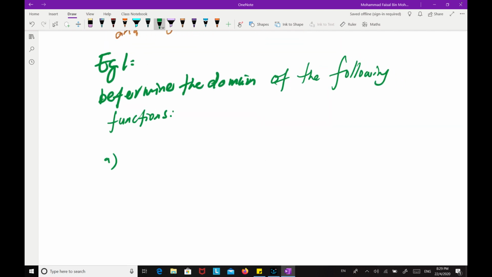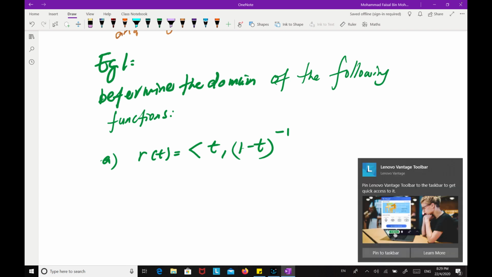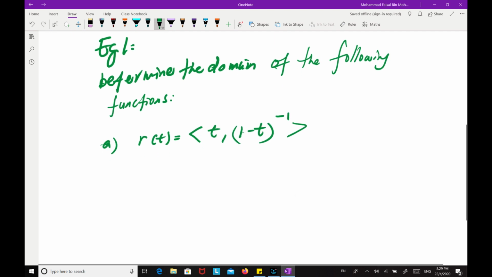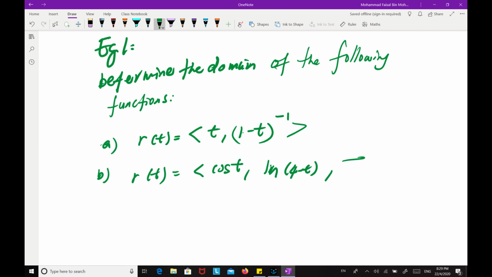Okay, A, r(t) equals to t, 1 minus t to the power of inverse 1 in a vector form. Okay. Then we have B, r(t) equals cos t, ln 4 minus t, square root t plus 1.